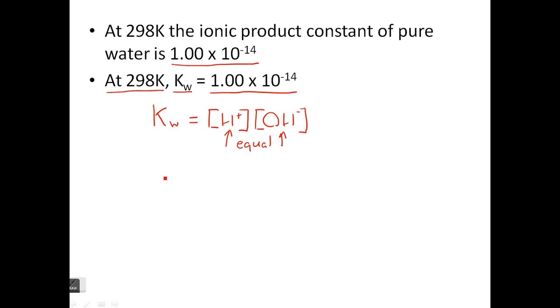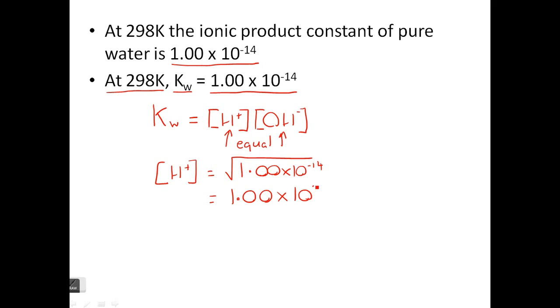So basically, to find the concentration of the H plus, you would take the square root of 1.00 times 10 to the negative 14. Then if you do the math on that, you'll end up with 1.00 times 10 to the negative 7.